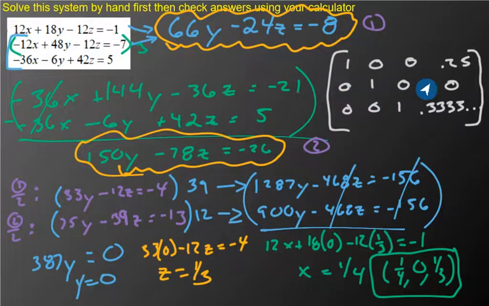It took me maybe 10 seconds to plug this into the calculator. And again, I can show this in class if people want me to. Basically, you have 1x equaling 0.25, which we got. You have 1y equaling 0. And then you have 1z equaling a third. So this is a really quick way to check that what we got really is the answer.